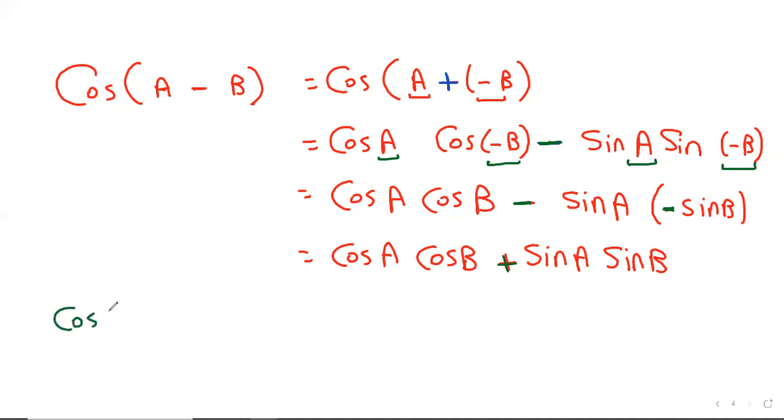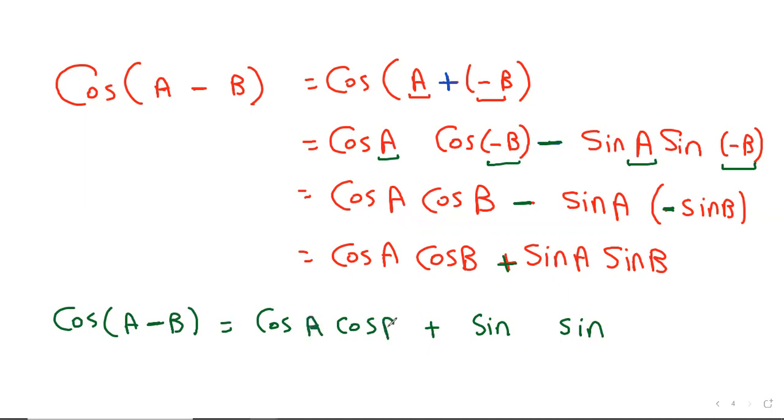So cosine A minus B is equal to cosine A cosine B, and don't forget, because we have minus here, change the sign and write plus sine A sine B. That's it.